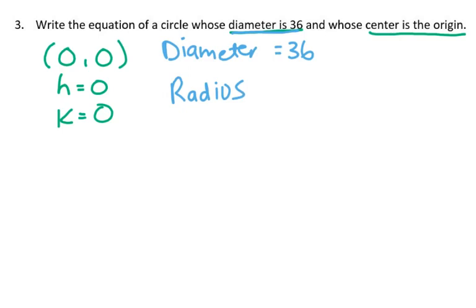So if our diameter is 36, then our radius must equal 18. So now I can go ahead and write my final equation by plugging in my values. So I get that the equation of the circle will be x squared plus y squared is equal to my radius squared of 18.